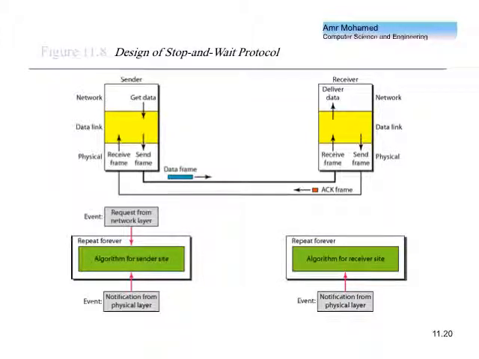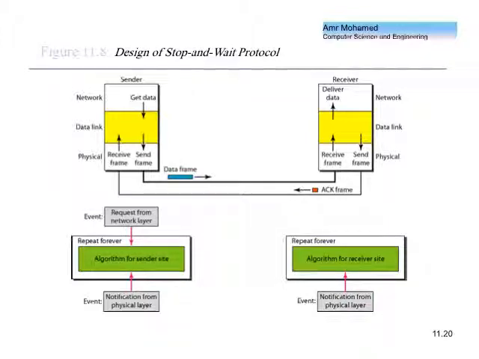Okay? I want to send at a pace that I'm sure the channel can absorb and the receiver can absorb. Okay? So here I'm waiting for two events. One is to get data from the network layer, and the other is to receive an acknowledgement from the receiver. The receiver on the other side is waiting for one single event, which is that it gets the data.